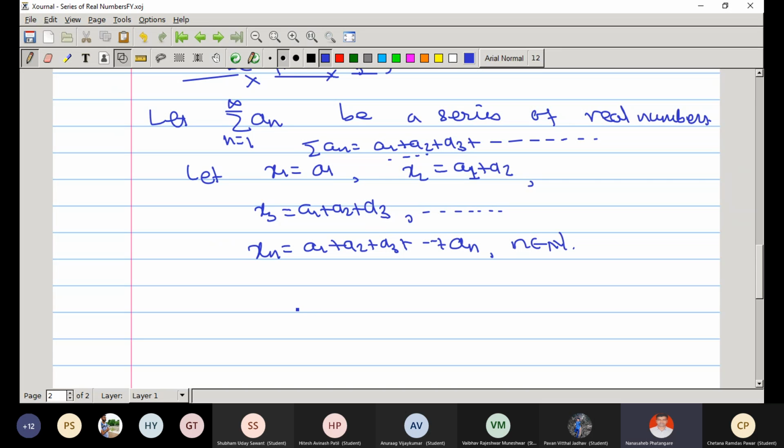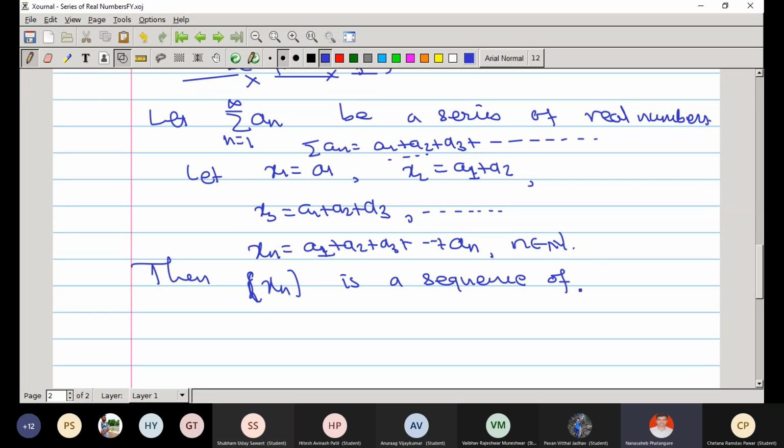Now, can you tell me what is x10? It is a1 plus a2 plus a3 up to a10. So then, can I say that xn is a sequence of real numbers? Yes, sir, because these are numbers.